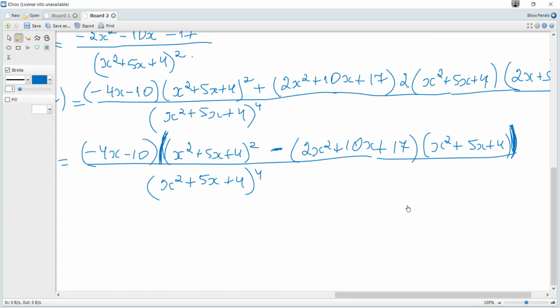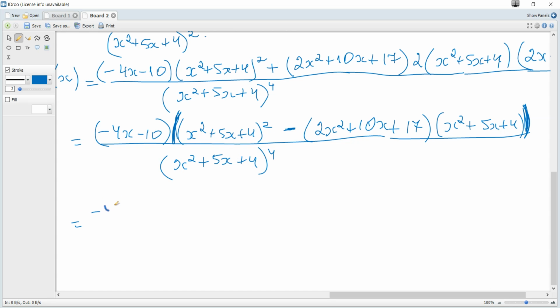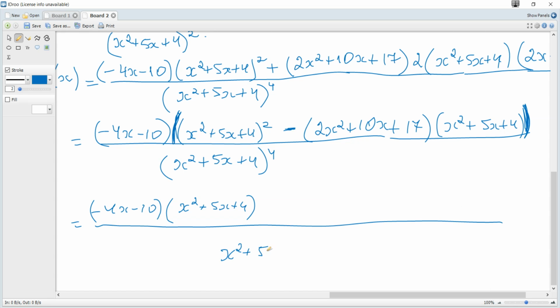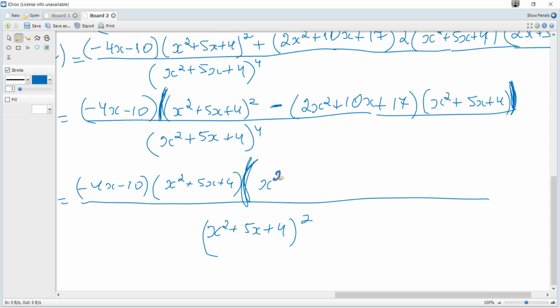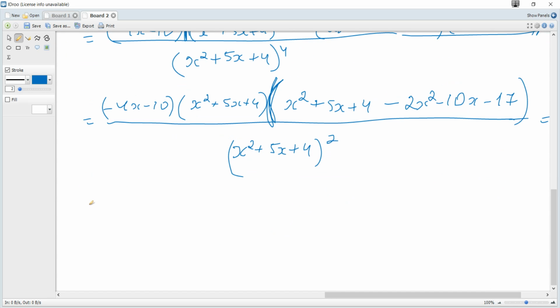Yes, and also we can see that we can factor out what? x squared plus 5x plus 4, so that it becomes x squared plus 5x plus 4 minus this, but minus in front, so let's expand, minus 2x squared minus 10x minus 17. So it becomes negative 4x minus 10.